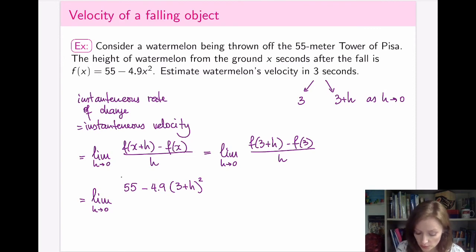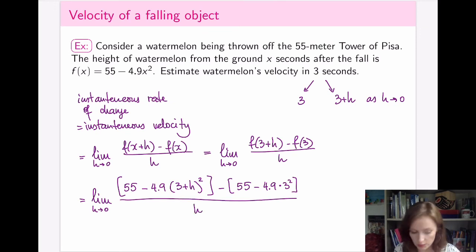Okay, so this guy is my f of 3 plus h, minus f of 3, which would be 55 minus 4.9 times 3 squared, all divided by h. Okay, and if you're really careful, expand out the brackets, pause the video once again, expand out the brackets, and what you should be getting is the limit.